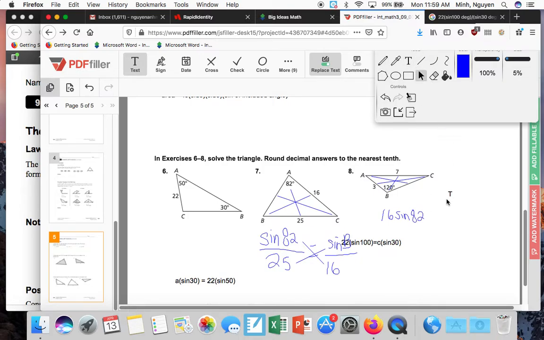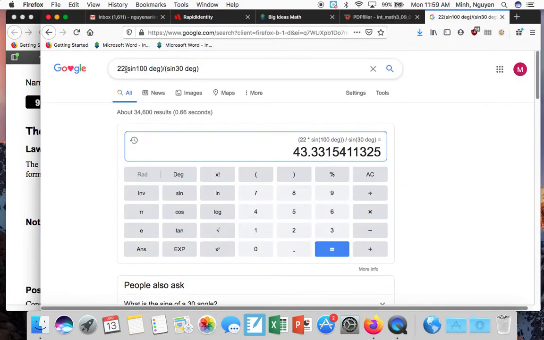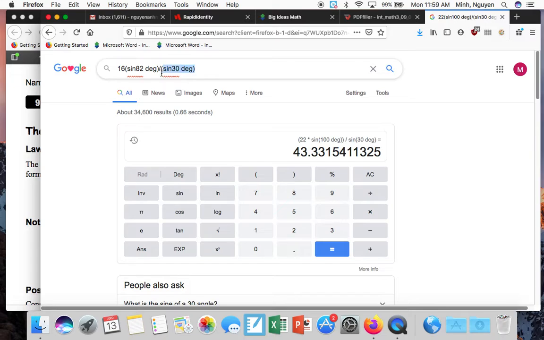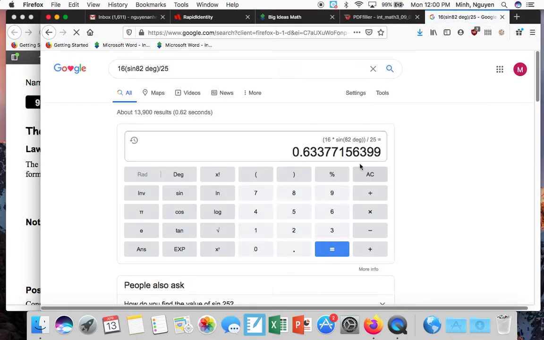So much faster if I just type it. 16 sine 82 equals 25 times sine B. And so I'm going to divide both sides by 25. Then 16 sine 82 divided by 25.